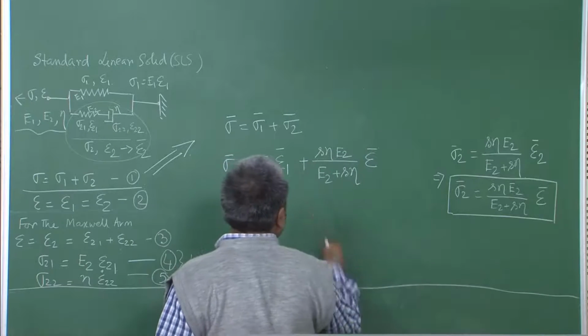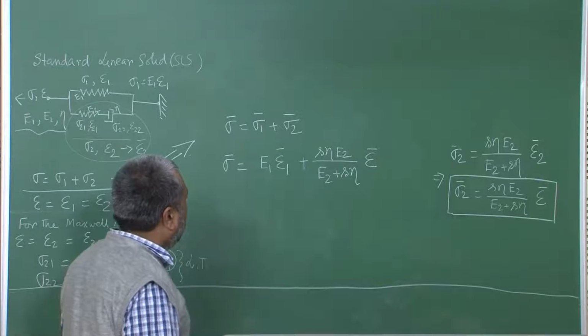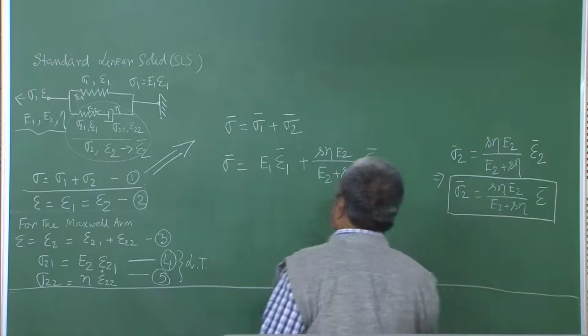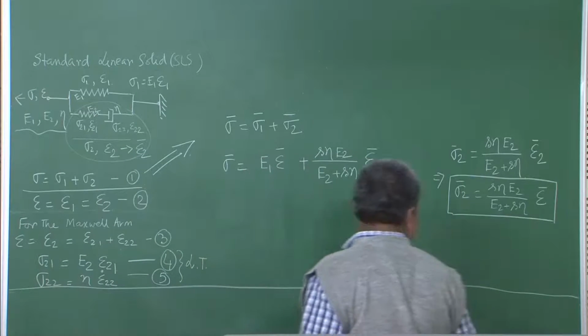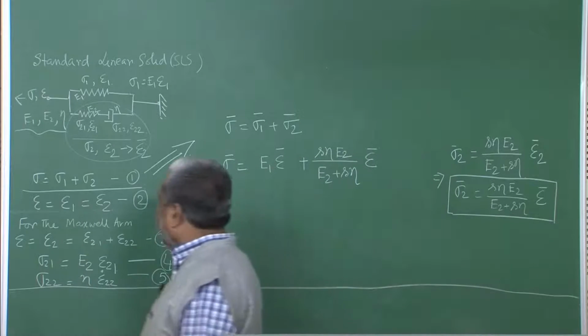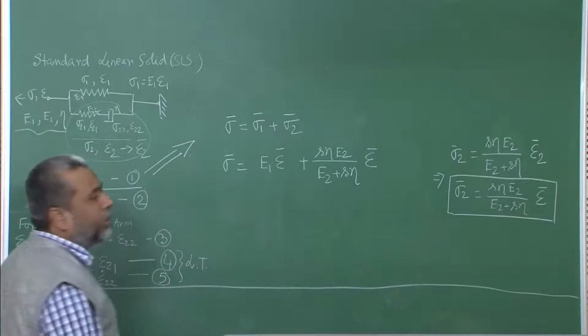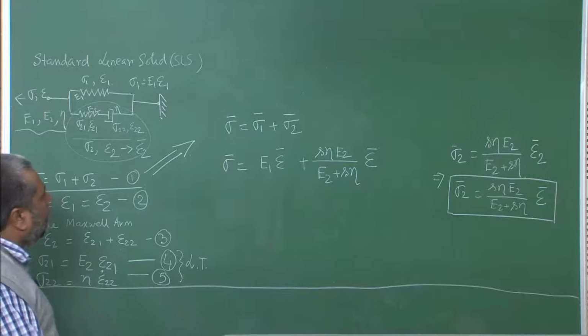In fact, epsilon 1 bar is nothing but epsilon bar, so I can even remove this one now. We are very close now, the constitutive relationship is already there, but it is in the frequency domain.